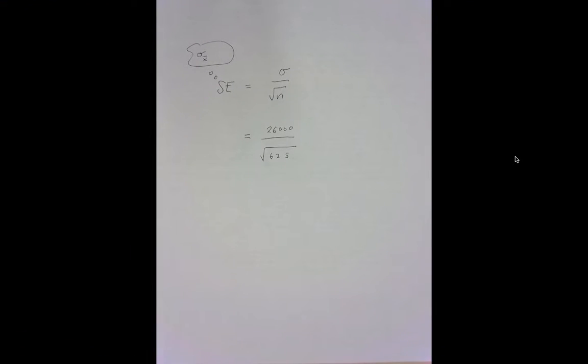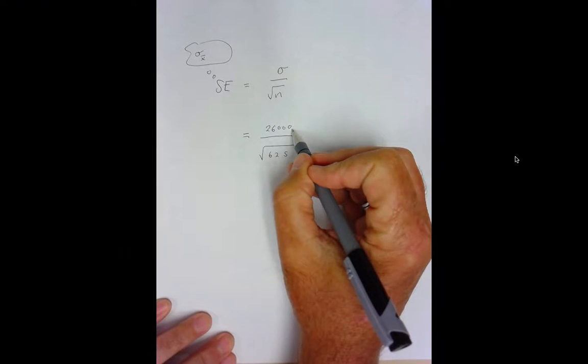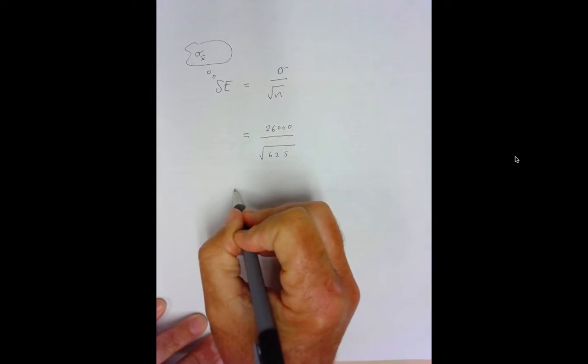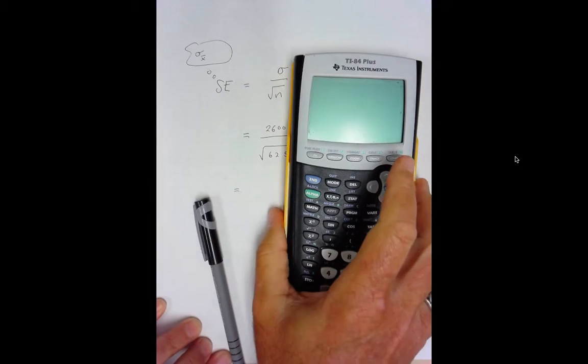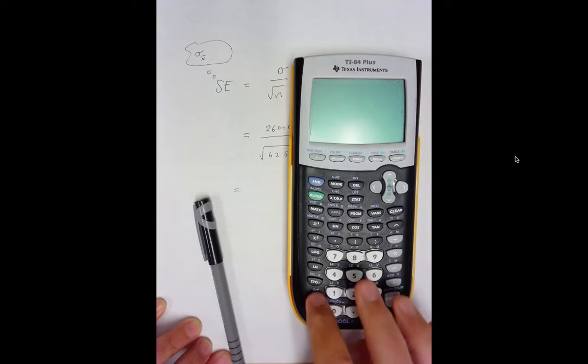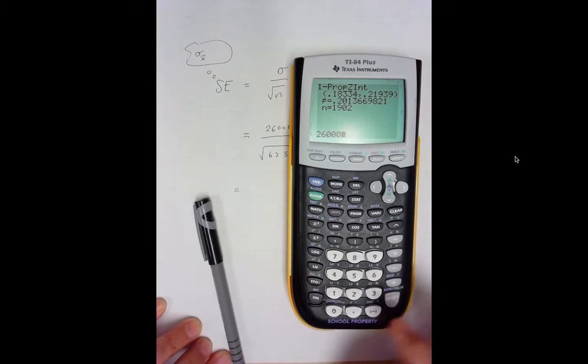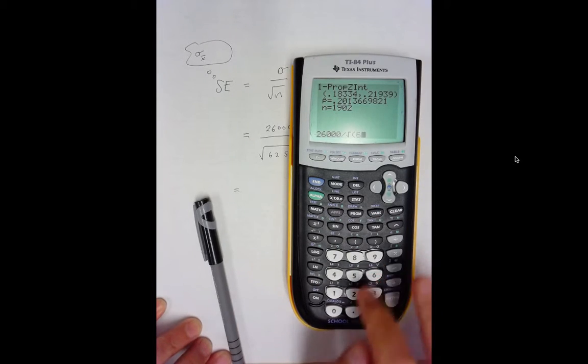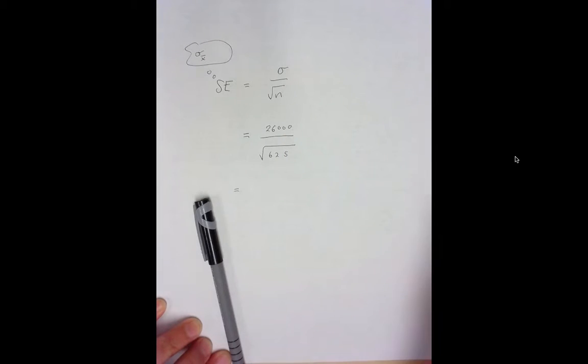So all I did there is I put the population standard deviation value here, the square root of the sample size, which is 625. So if we take 26,000 divided by the square root of 625, close up the parentheses, you'll see that we get 1,040.